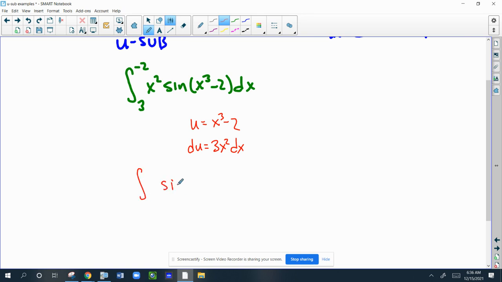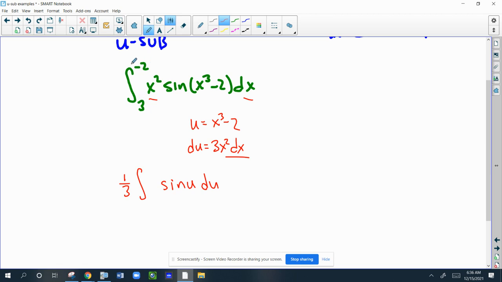Sine of u. x squared dx, according to our du, would be 1/3 du. So that's it. That's the easy u substitution.